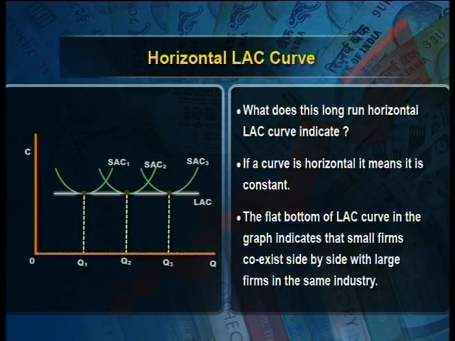The flat bottom of the LAC curve in the graph indicates that small firms coexist side by side with large firms in the same industry, as a result of which there are short-run average cost curve 1, SAC2 and SAC3. That means there are 3 optimum plants.